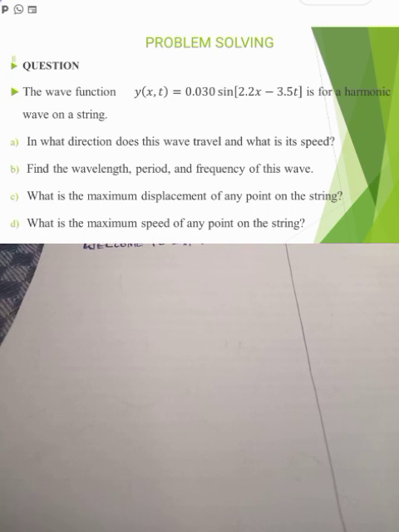So let's look at our first question of the day being projected on the screen. So we read together. It reads that the wave function y(x, t) is equal to 0.030 sine(2.2x minus 3.5t) is for a harmonic wave on a string. A. In what direction?